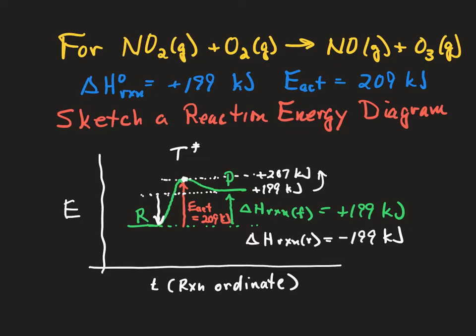That's just a difference of plus 8 kilojoules. So our activation energy for our reverse reaction is just plus 8 kilojoules. And so we can express the reverse reaction as well once we have a good look at our reaction energy diagram.